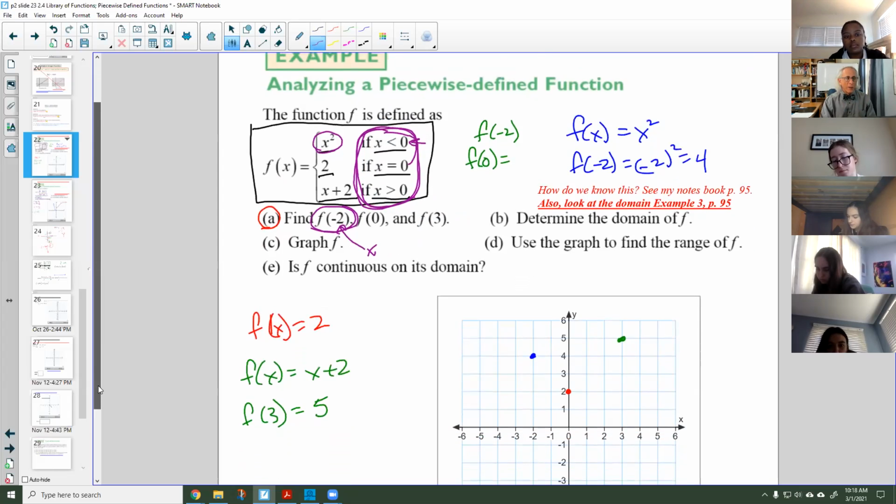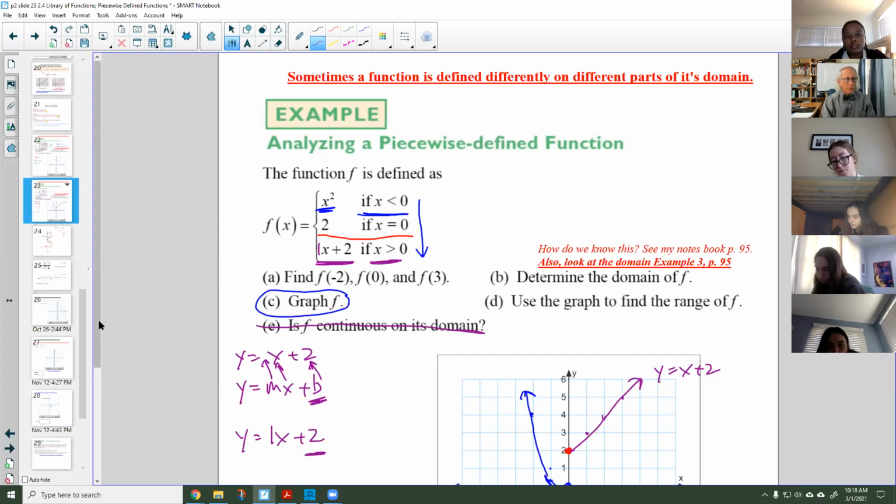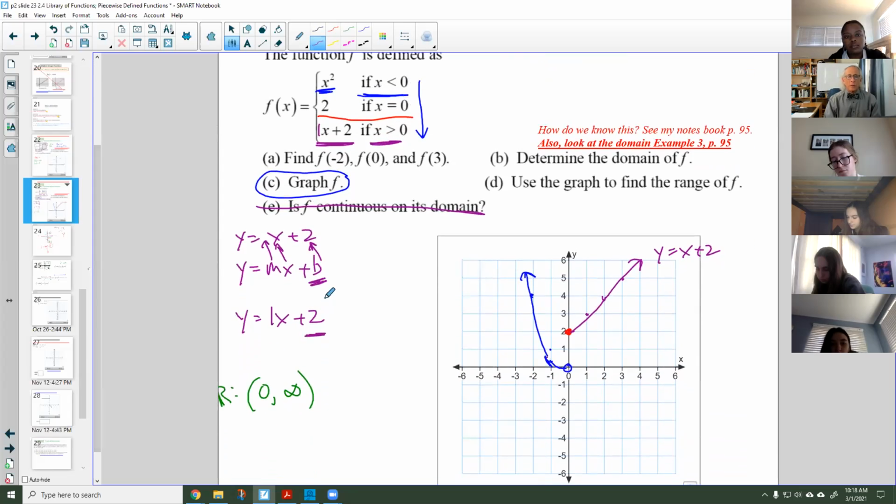And then when I graphed it, which I did on this slide here, the way I like to do it is I started out at the top and first graphed x squared, but then erased everything that wasn't x less than 0.